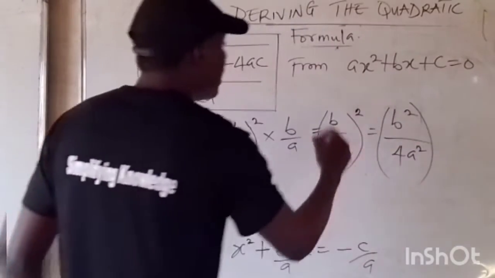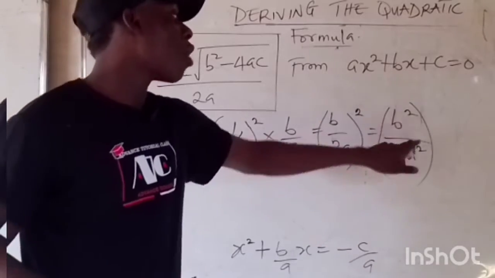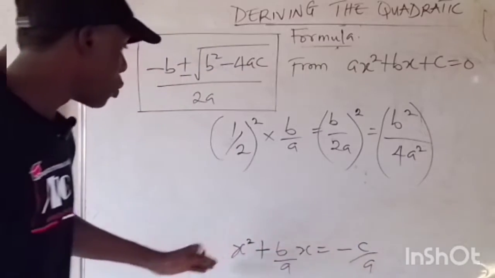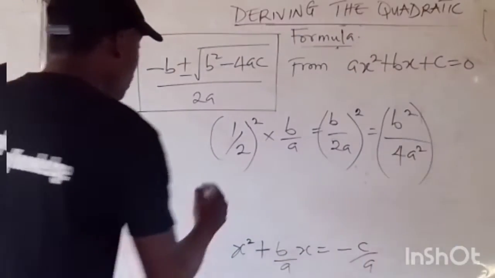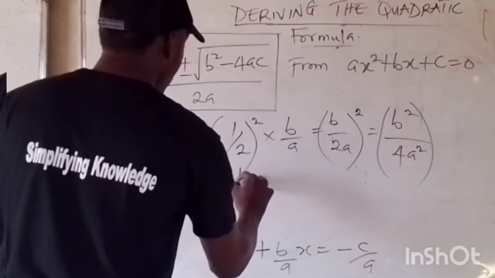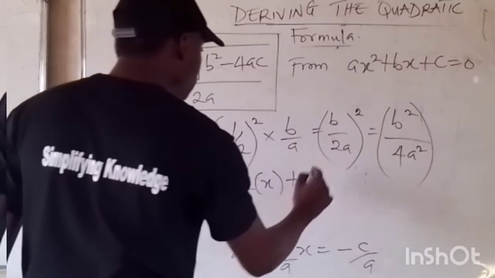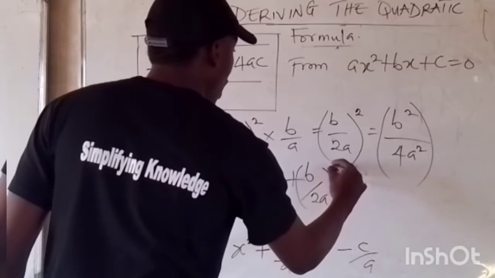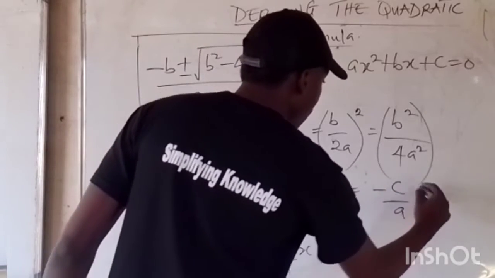So I'm going to add this b over 2a all squared, or b squared over 4a squared, to both sides of the equation. So I'm going to have x squared plus b over a x plus b over 2a all squared equals minus c over a plus.